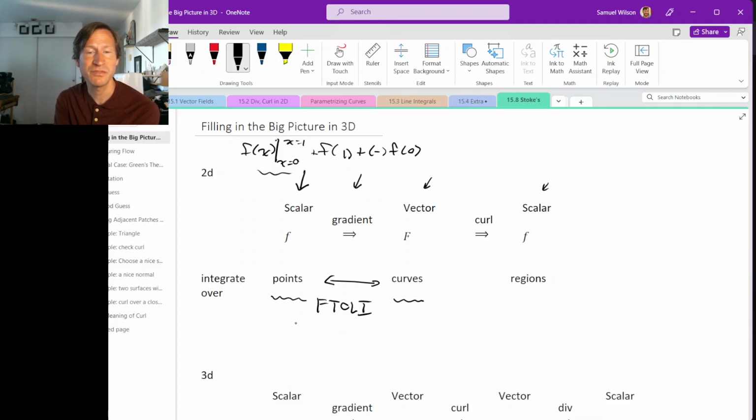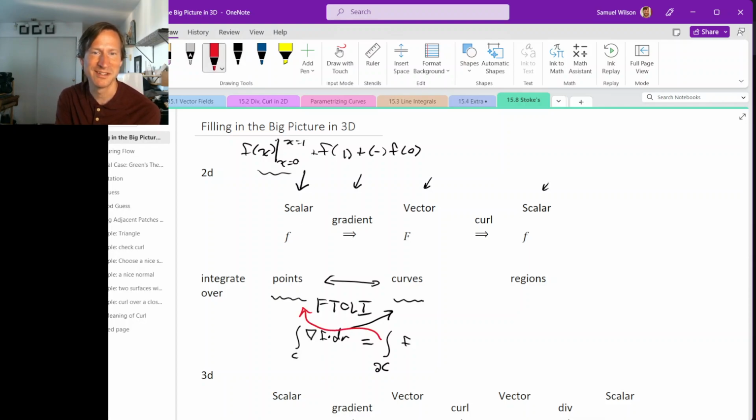The fundamental theorem of line integrals says that if you have a curve, the integral over the curve of the gradient of a function, grad f dot dr, is equal to, we don't usually write it this way, the integral over the boundary of the curve of the function itself.